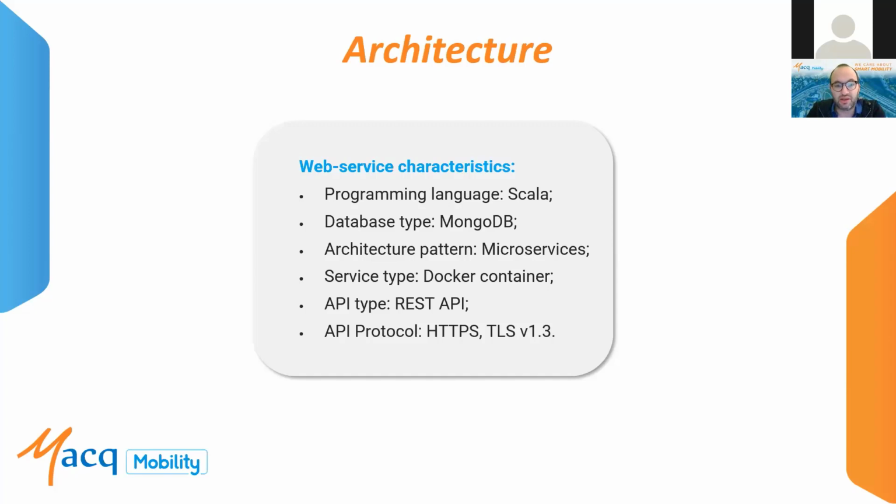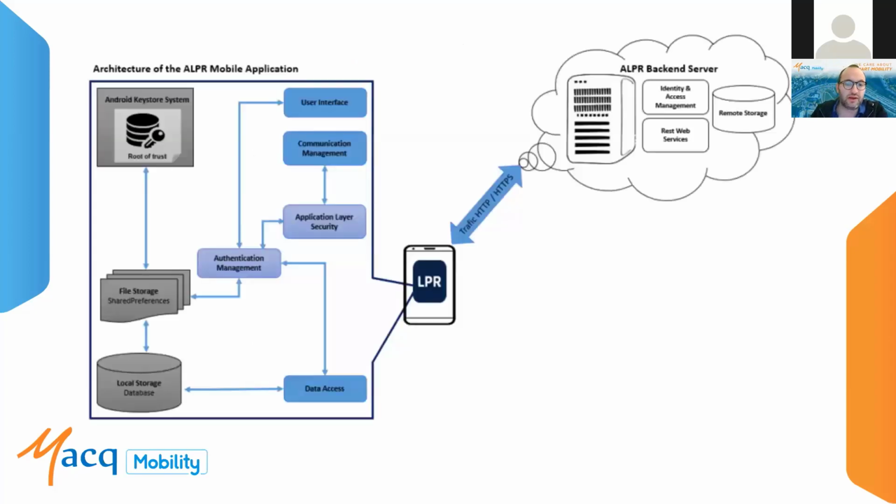It's REST API and HTTPS protocol. If you can have a look at the architecture. So you see all is done embedded, but for the first connection, for example, we ask the backend server to see if the username and the password are correct. So during the first connection, we will send a request to the backend server to see if it's okay.